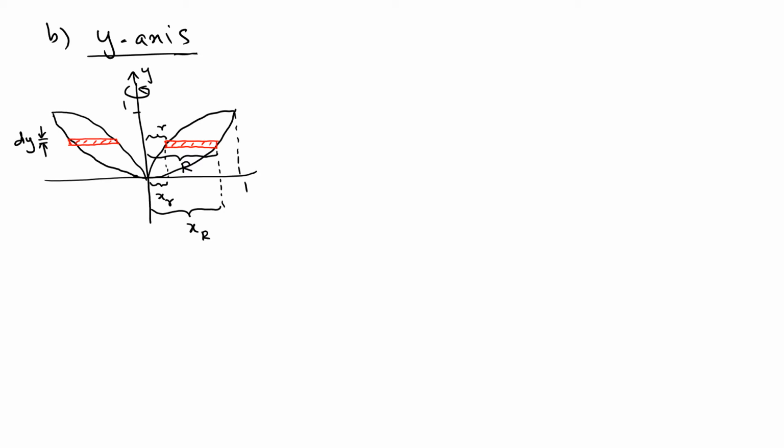So we can start with the two curves. We have y equals x squared, that's the first one, and y equals square root x, that's the other one. And this says that x equals y squared.